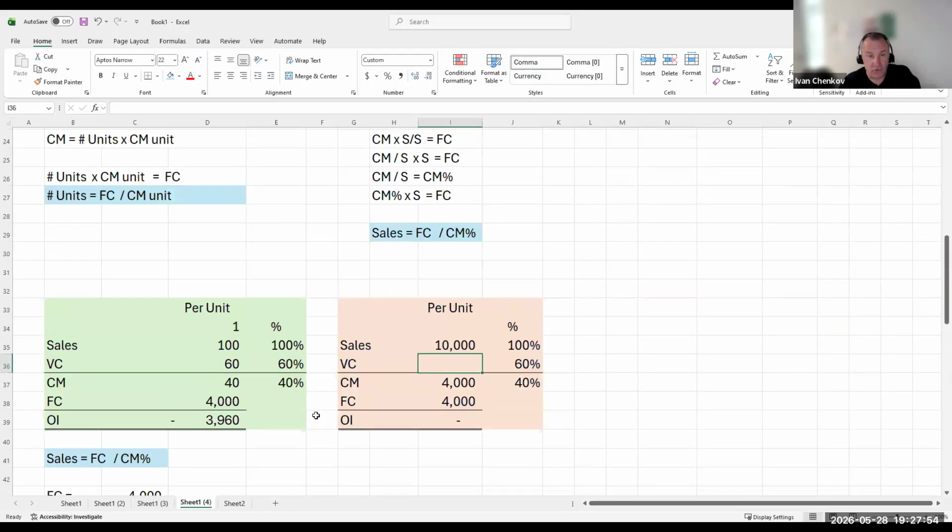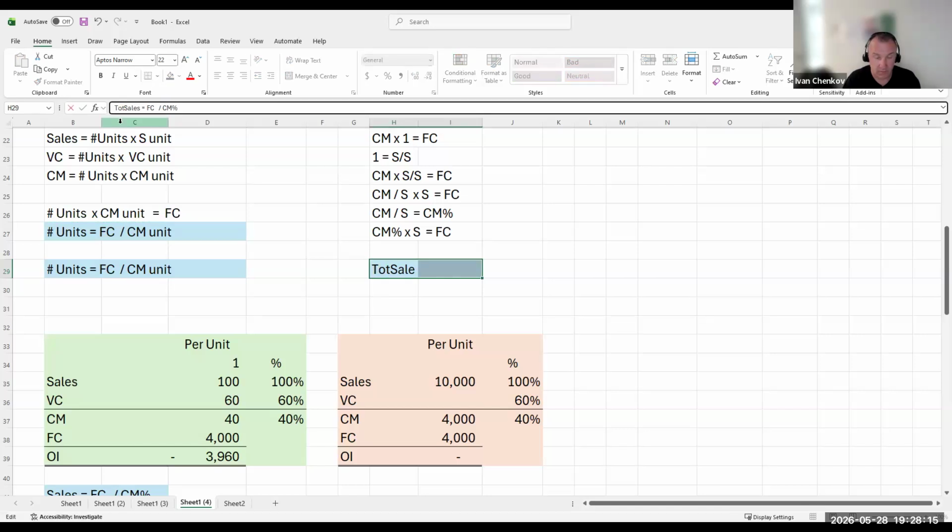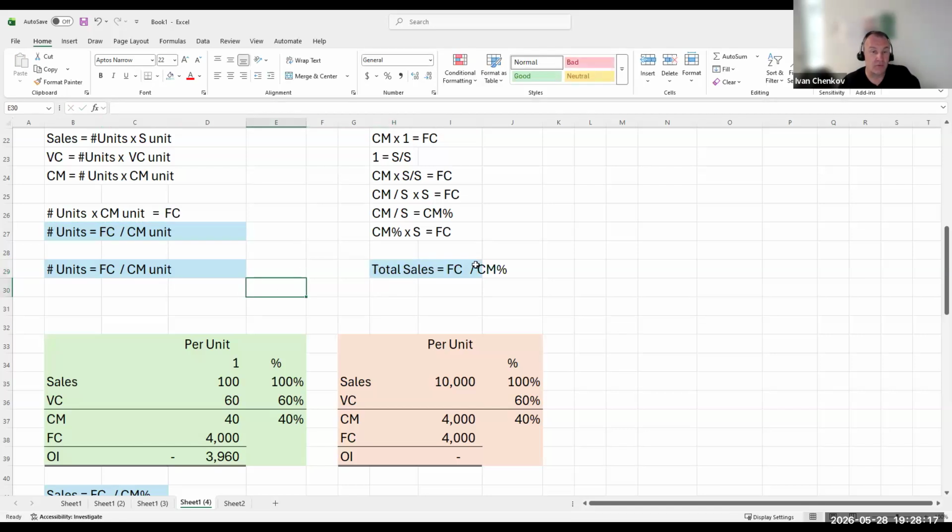So now we have two powerful formulas. Let's put them side by side. For the break even, I have a formula for the number of units that I need to sell, and I have a formula for the total sales that I need to achieve in order to be on the break even.